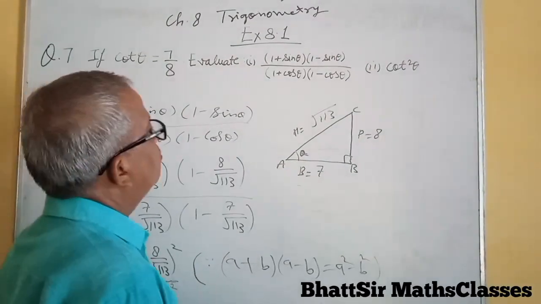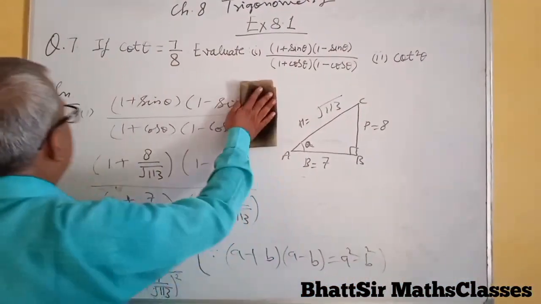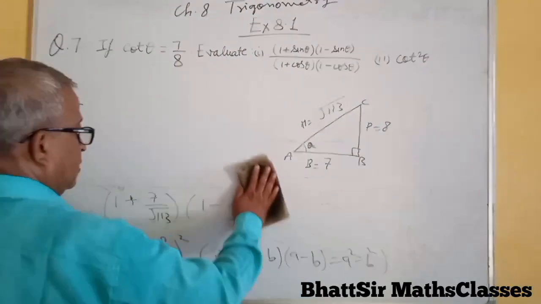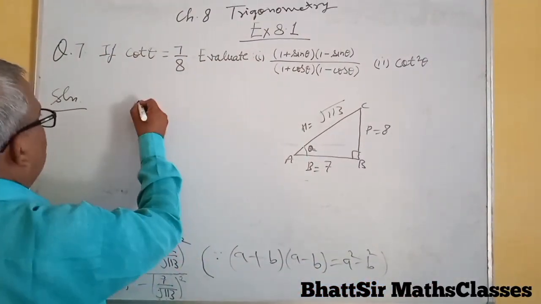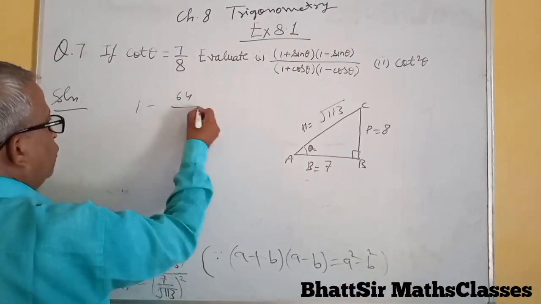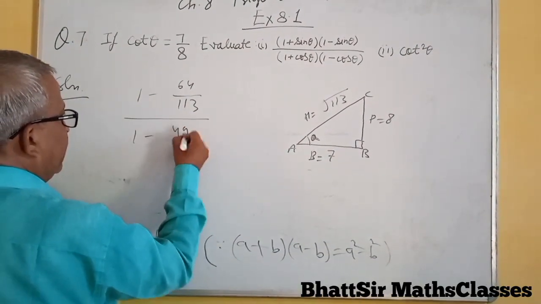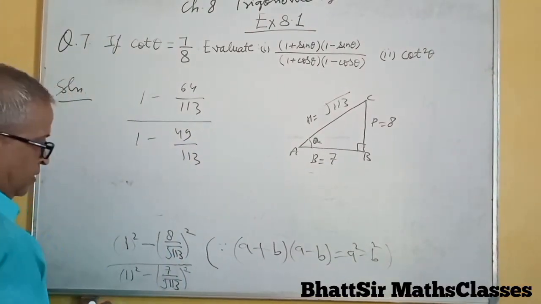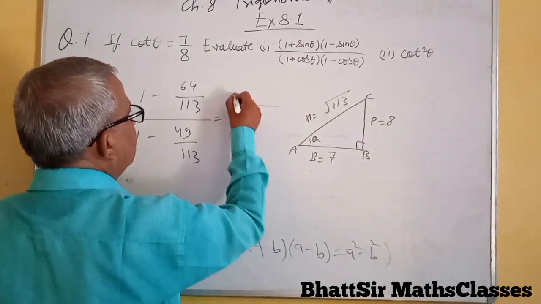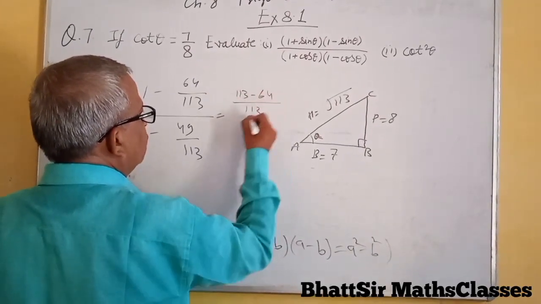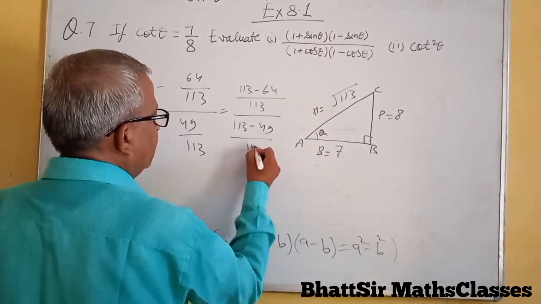Now we can write 1 minus 64 upon 113, upon 1 minus 49 upon 113. Take LCM: 113 minus 64 upon 113, over 113 minus 49 upon 113.